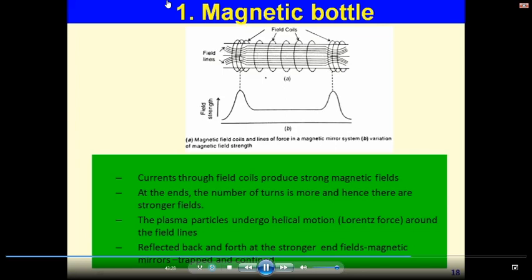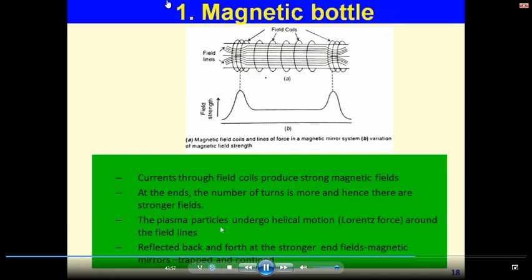Here there are a larger number of turns, so the magnetic field has a deformed shape and is a high magnetic field, dissimilar to the central portion. So what is the principle? Current through the field coils produces a strong magnetic field. At the ends, the number of turns is more, and hence the magnetic field is stronger.